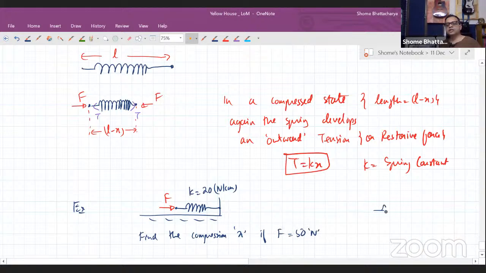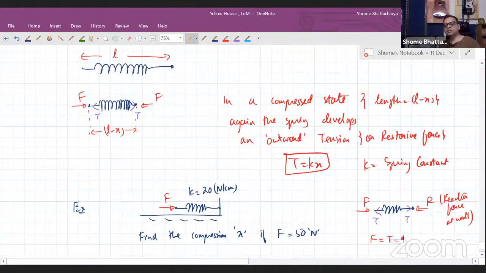So we can see over here that the force we apply externally will result in compression and a tension acting like this. That tension will also act on the wall on the other side. So the wall will have to apply a reaction force. This will be the reaction force at the wall. Okay. And ultimately F will be equal to T will be equal to that reaction force because the spring is at rest.